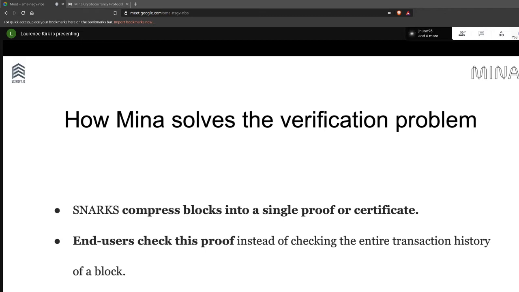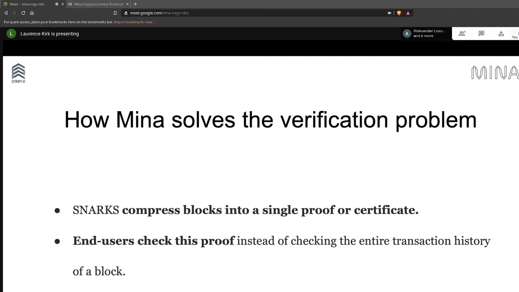So if you receive a block on a blockchain, instead of having to verify the various parts are correct yourself, you would just look at this proof and you can very quickly verify the proof, this certificate, just to say, yes, this block is okay. So that's what the end users do. They just check this proof and they can see that it is okay, rather than having to go through the entire transaction history in a block. And as we see, there's some recursion going on that gives us effectively a constant size blockchain.